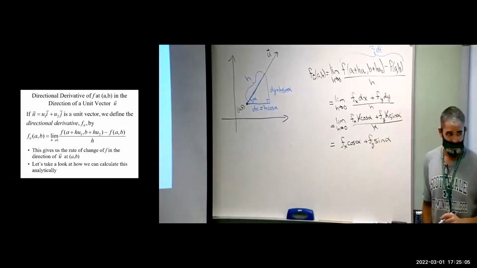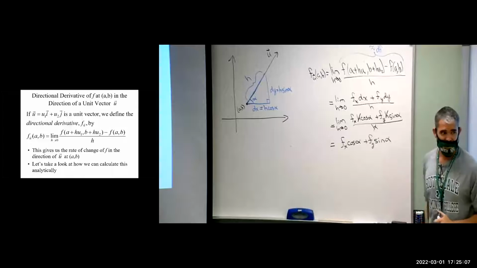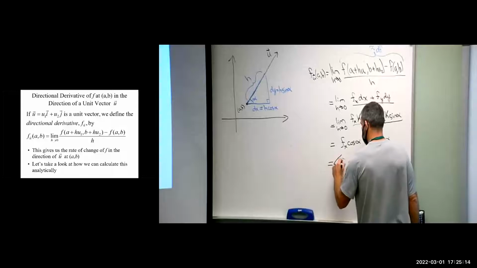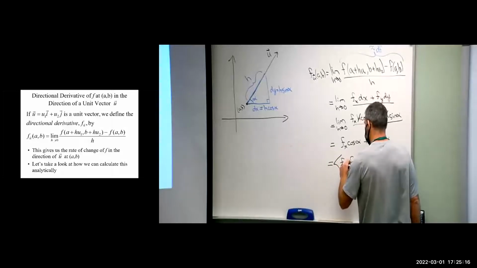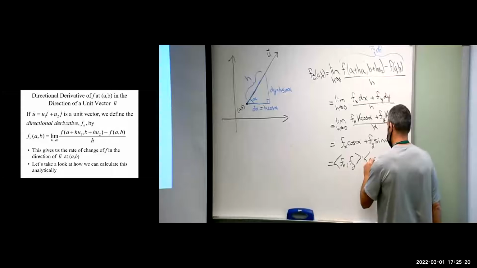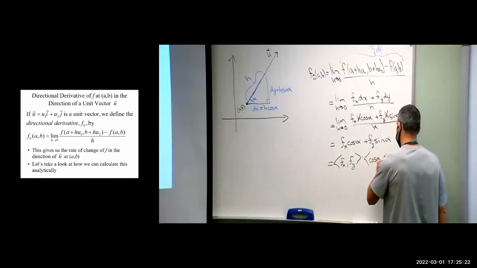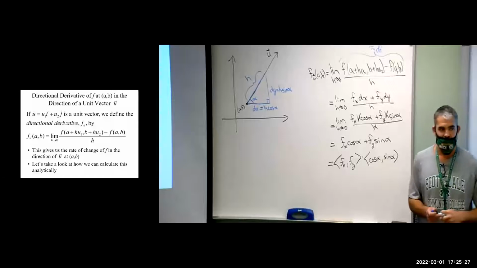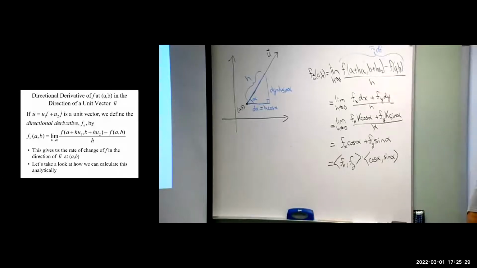This gets better. We can break this into the dot product of two vectors. Specifically, (fx, fy) dotted with (cosine alpha, sine alpha). Now, some really cool stuff going on here.